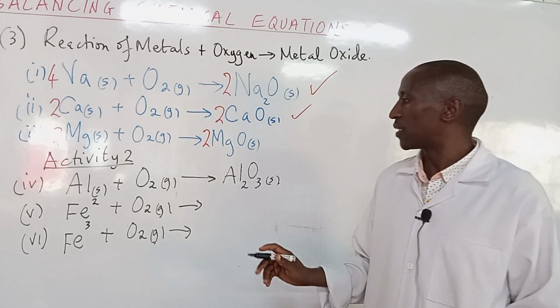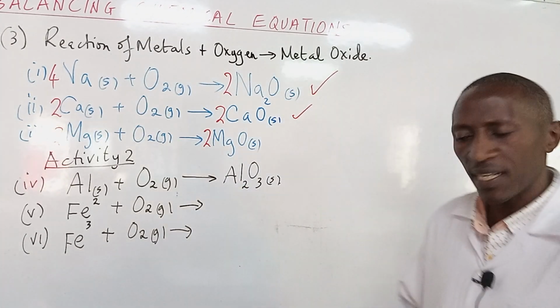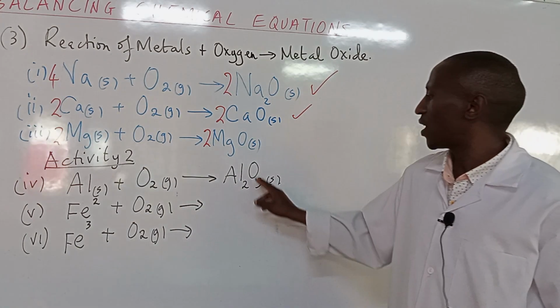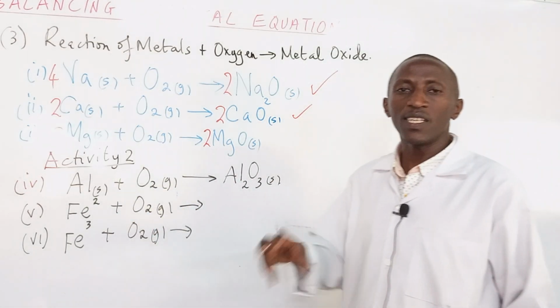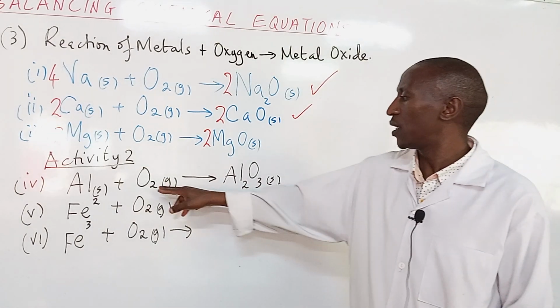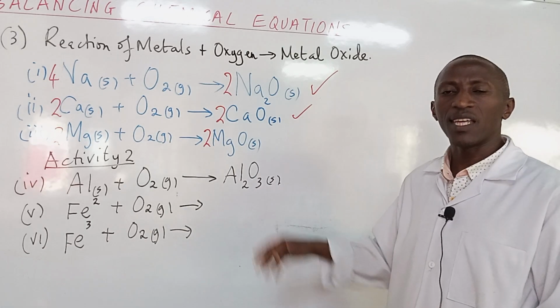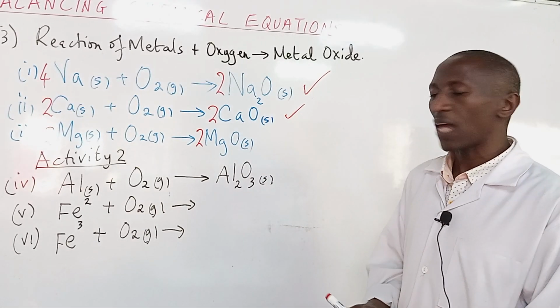Now, if you look at this, we are required to have 3 oxygen atoms, yet here we have 2 of them. So this is where we agree on the common multiple between 2 and 3, and that happens to be 6. So on either side, we create 6 atoms.